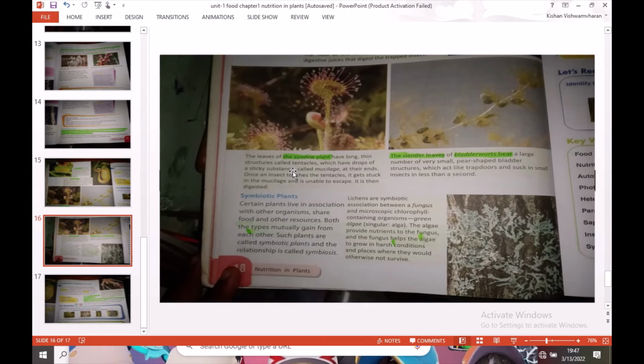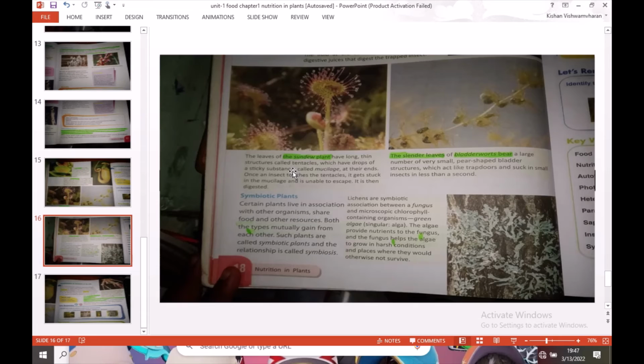They have a drop of a sticky substance called mucilage at the end, so that once the insect touches the tentacle, the tentacle will bend and roll over, and the insect is trapped in it so that it can't escape, and it is digested just like decomposing.